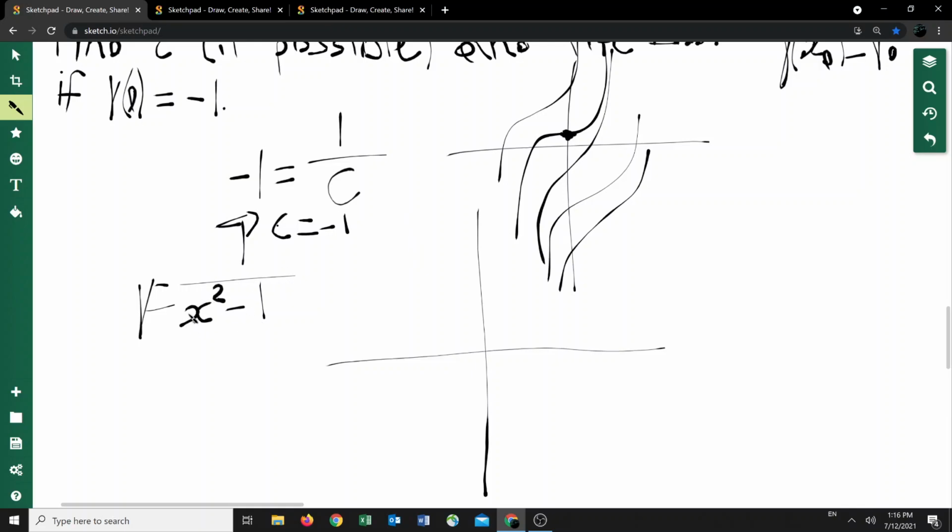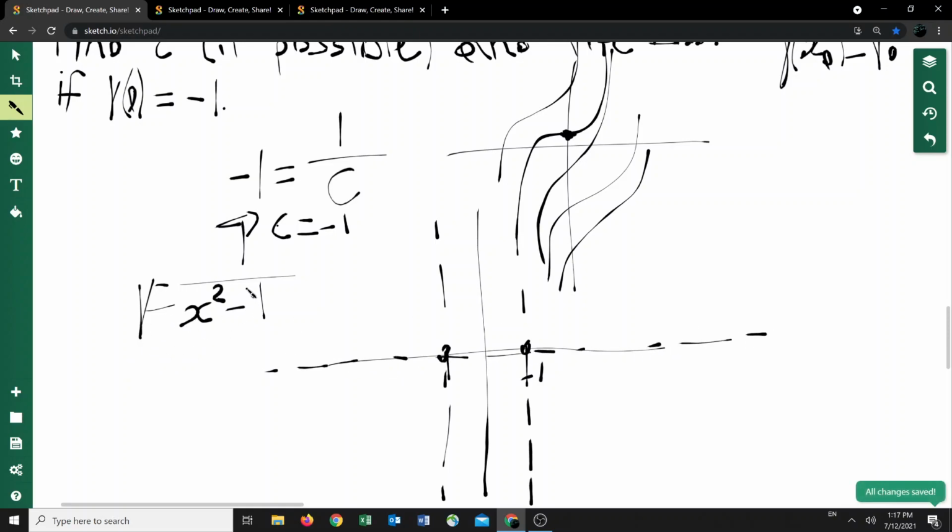Vertical asymptotes are when the denominator is 0, so that's at x equals -1 and 1. So this is 1, -1. And then we have our horizontal asymptote, where if we take the limit of this as x goes to infinity, we'll just get y equals 0, also because the degree of the denominator is larger than the degree of the numerator.